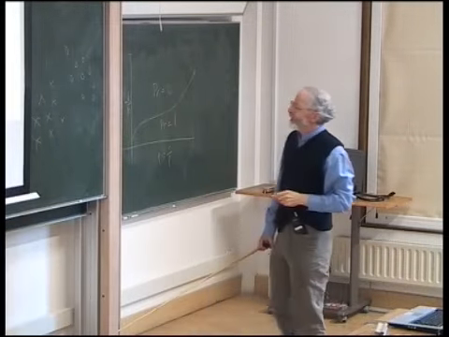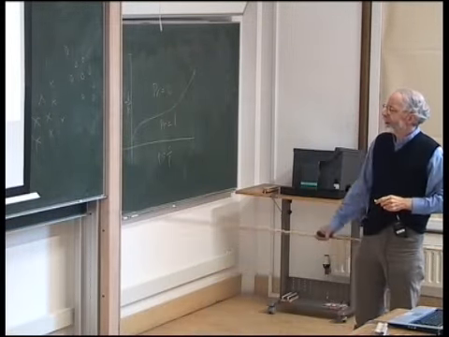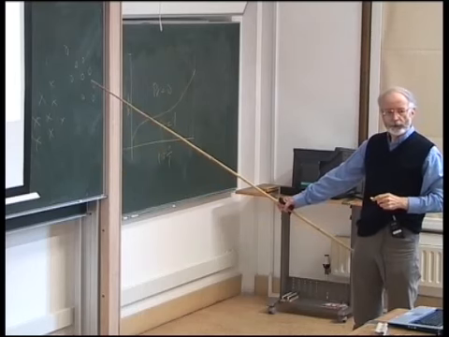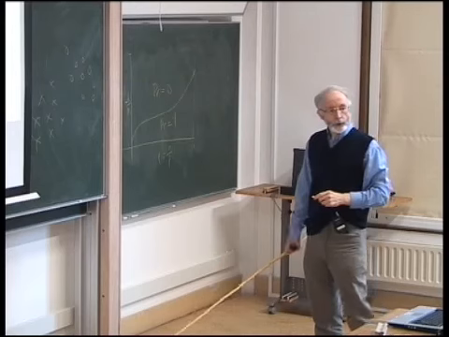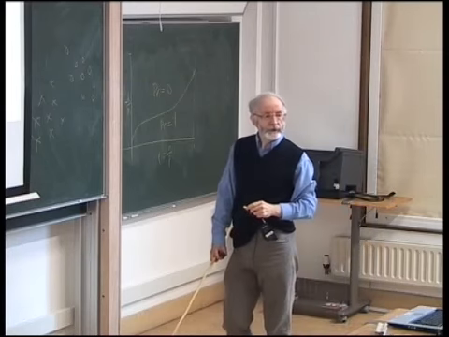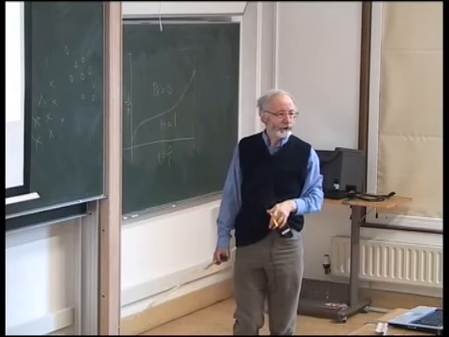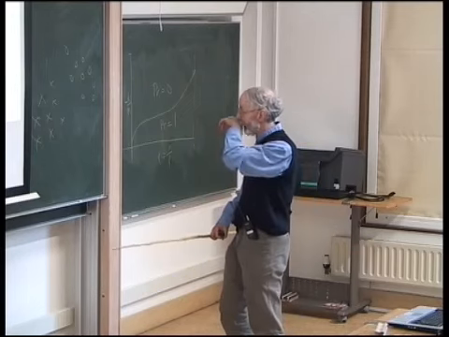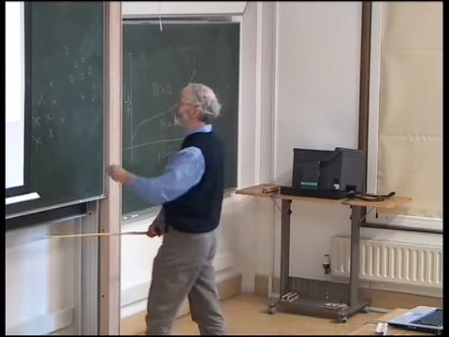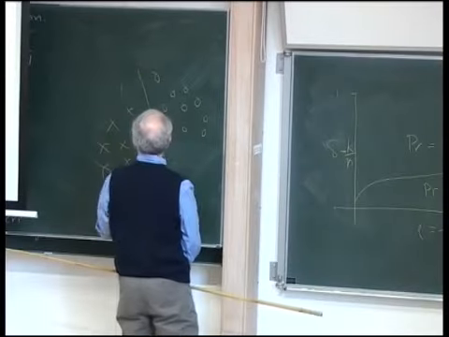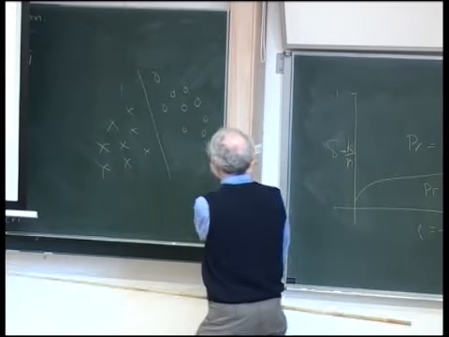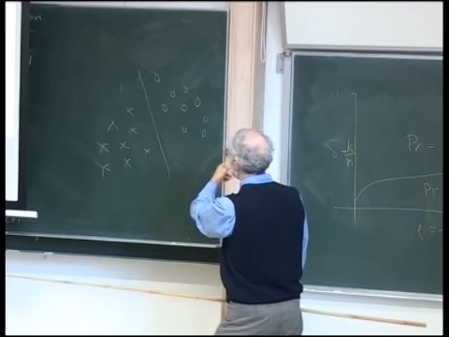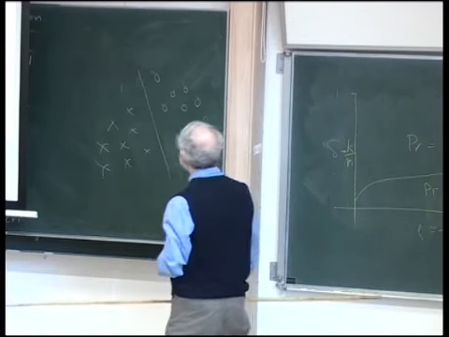There are two sets of patients. These have got disease 1, these have got disease 2. You want a rule to decide for a new patient, is he a naught or a cross? And in the simplest sort of situation, you would have some sort of a straight line boundary. If you're on this side, you're a naught. If you're on that side, you're a cross.